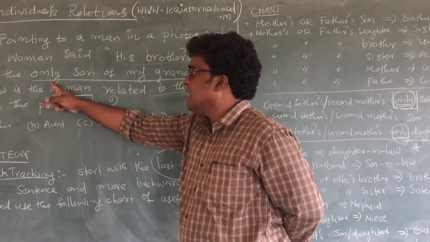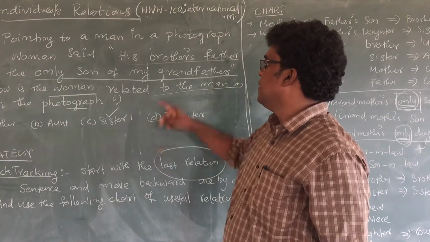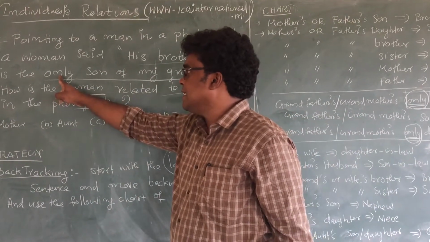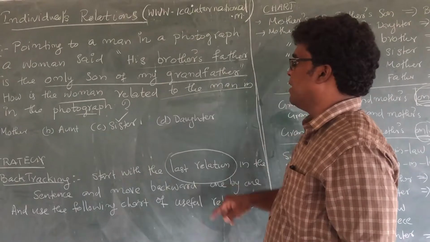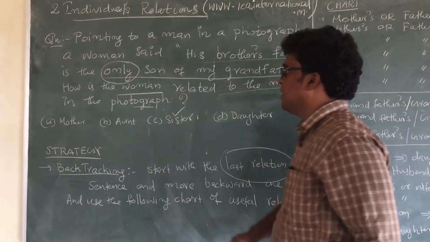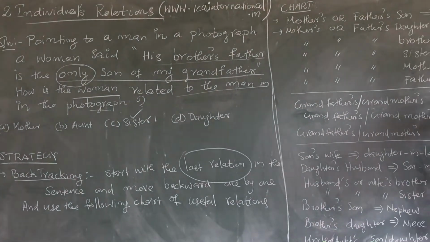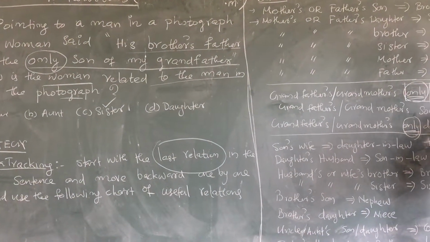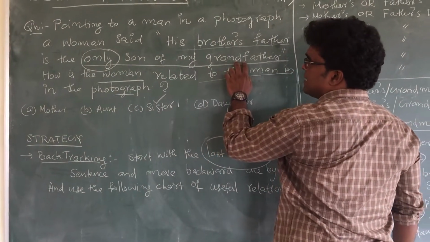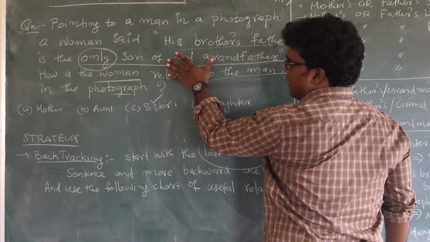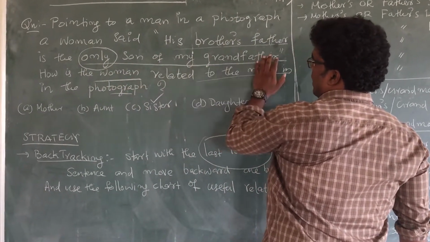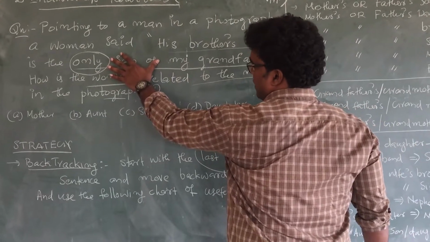What is the last relation there? The first relation is brother's father. The last is only son of my grandfather. Grandfather's only son means father. So only son of my grandfather means my father, and this underlined part can be replaced by my father.